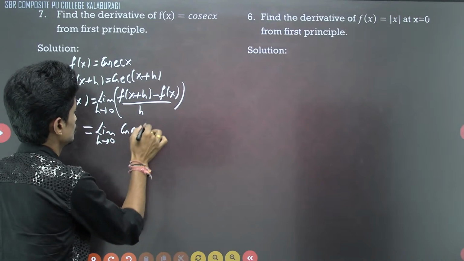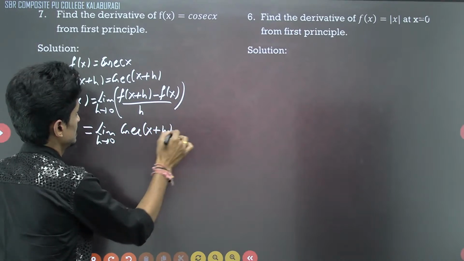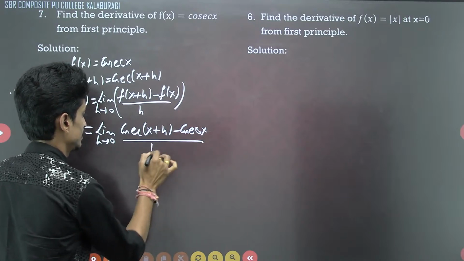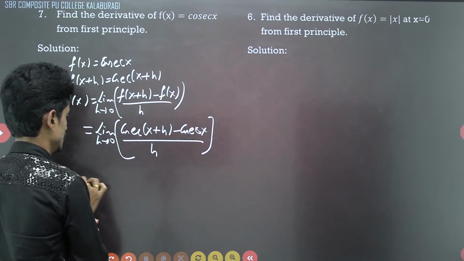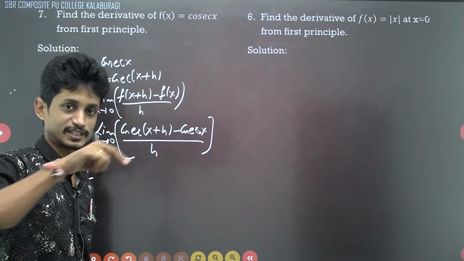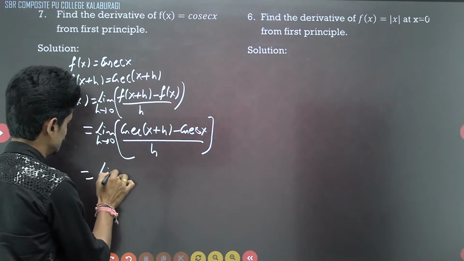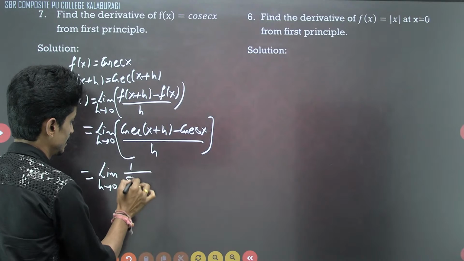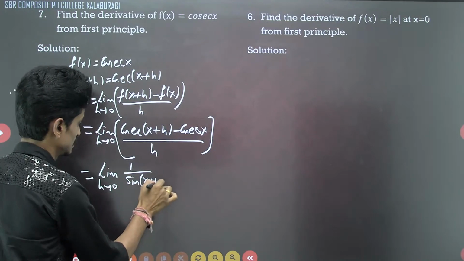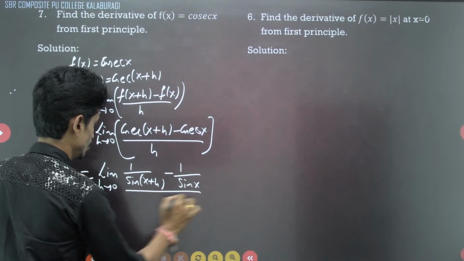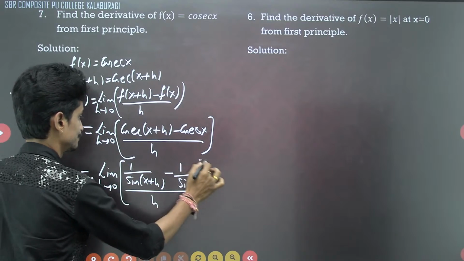That is cosecant of x plus h minus cosecant x divided by h. Here too we don't have any cosecant C minus cosecant D, so we should take the reciprocal, that is limit as h tending to 0, 1 divided by sine of x plus h minus 1 divided by sine x, whole divided by h.